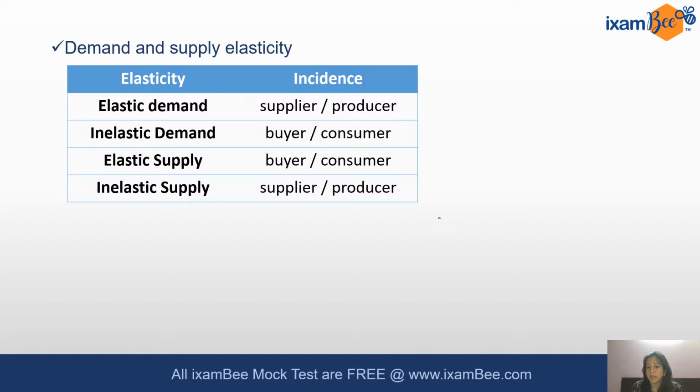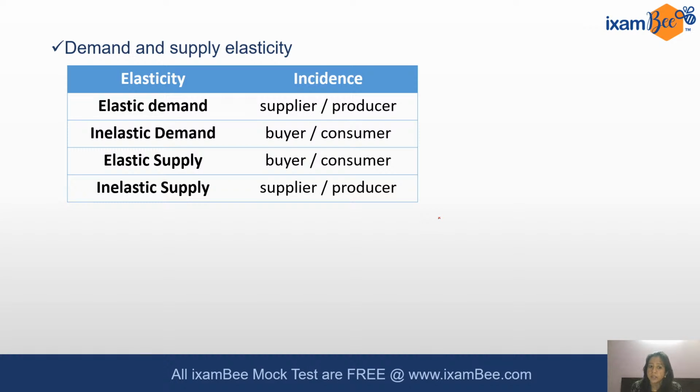If the demand is elastic, it means if there is a change in the price, I, the buyer, can change my demand accordingly. In that situation, the burden of the tax will fall upon the supplier, not on the buyer.